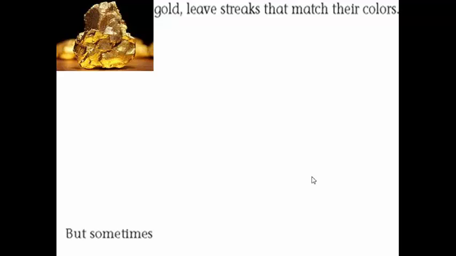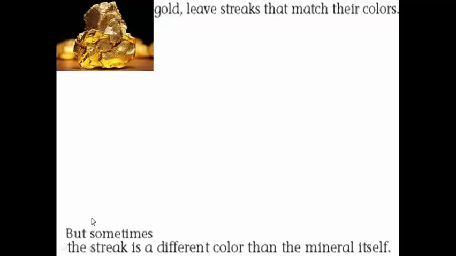I have gold, its color is golden. If I bring this plate that we show right now and make a streak with this gold, it will be a golden streak.